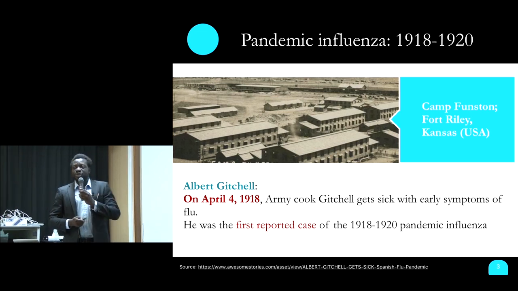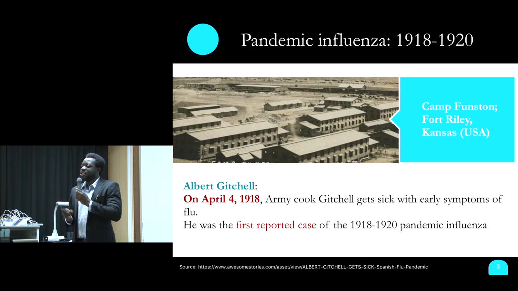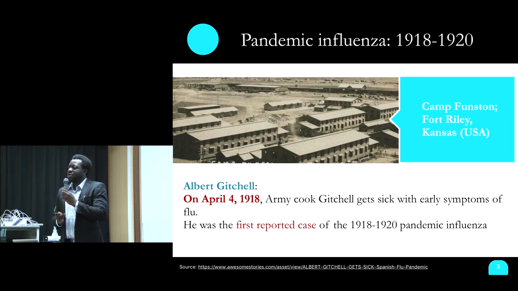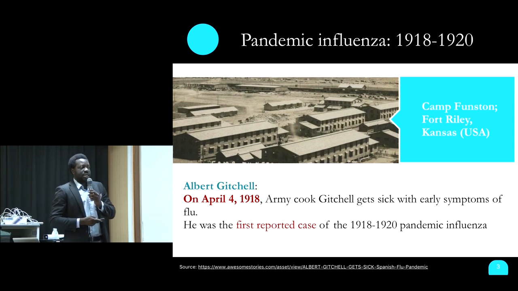1918, I'm sure many of you will remember, is almost around the end of the First World War, in which the United States was involved. And it all started here in this camp.